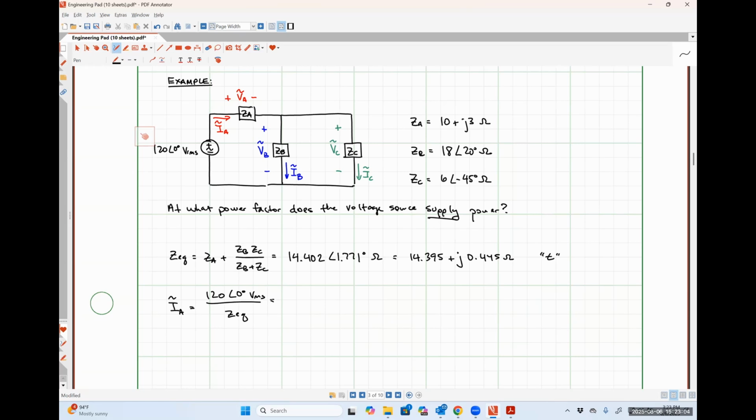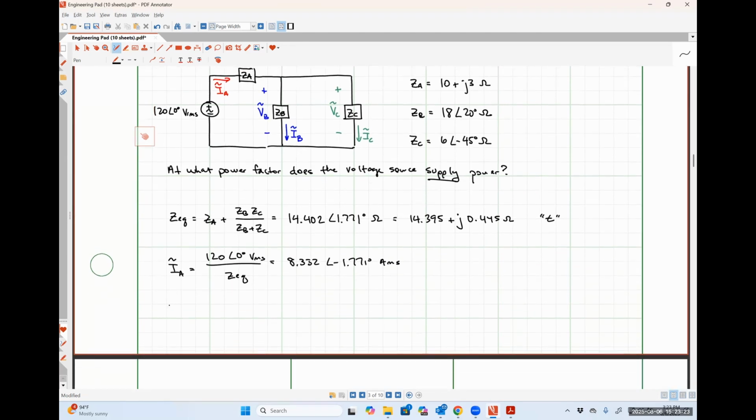I think I still have the stuff saved in my calculator. 8.332 with an angle of minus 1.771 degrees amps RMS.